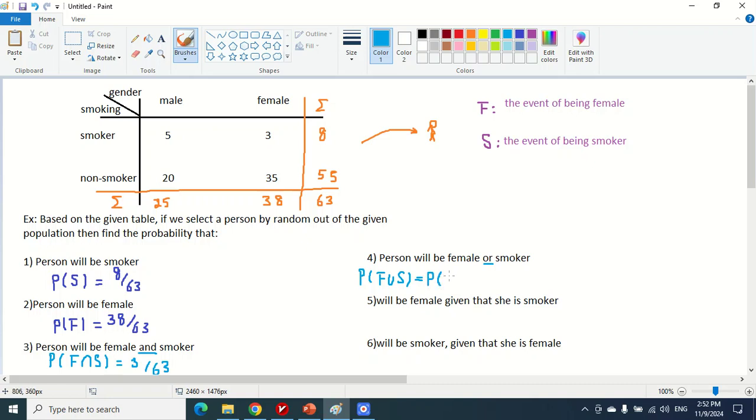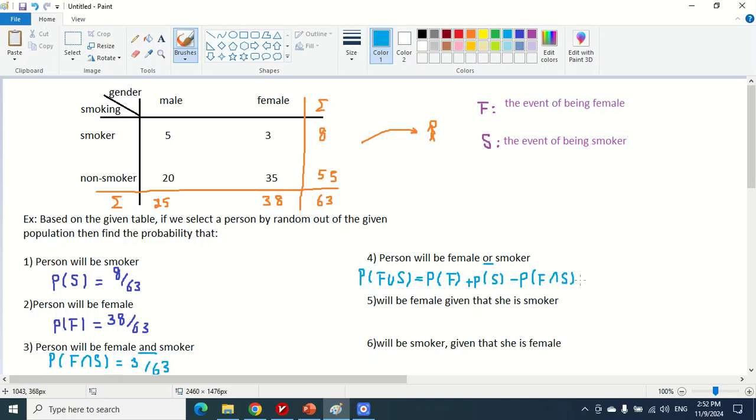Means that probability of F plus the probability of the second one, the probability of being a smoker, minus the probability of their intersection, which is F intersected by S. That's going to be the case over here.